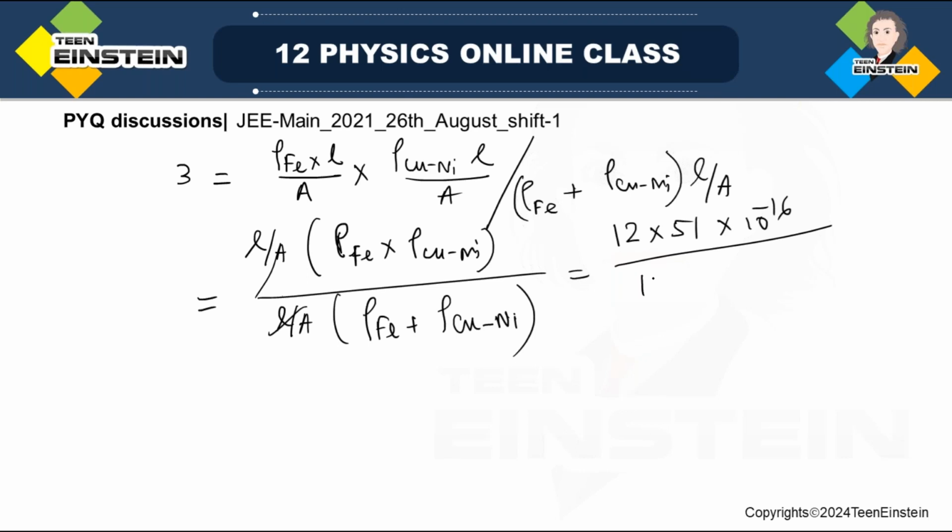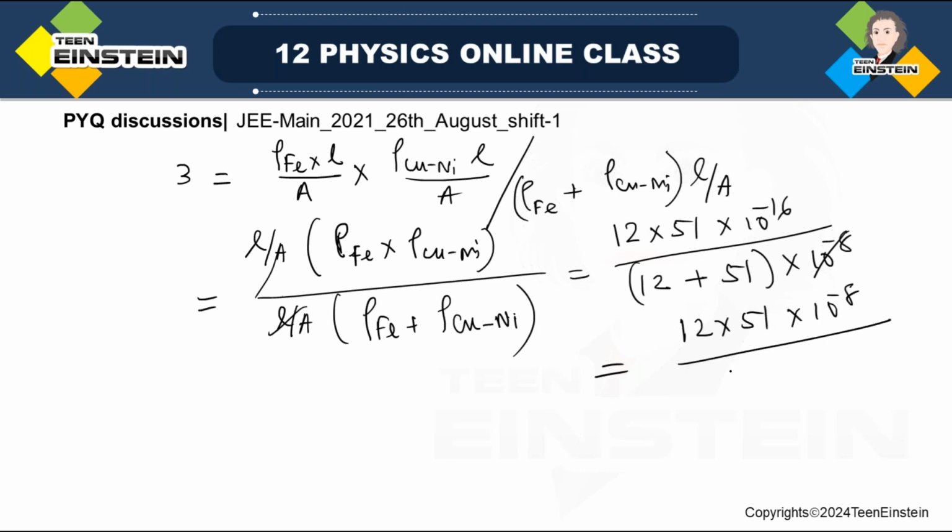And here 12 plus 51 whole into 10 to the power minus 8. So one 10 to the power minus 8 will actually cancel with this. All right. So I'll get 12 into 51 into 10 to the power minus 8 divided by 12 plus 51, right?